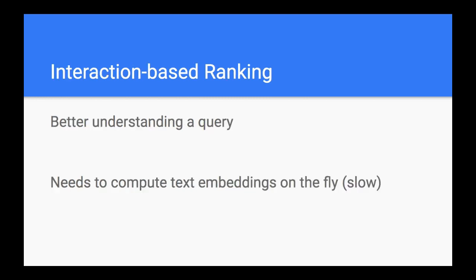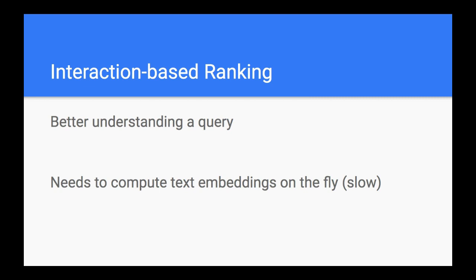As for interaction-based ranking, when you calculate the representation of the document, you also need to know what the query is. One approach is to concatenate the query and the document together and calculate their embedding in one go. So when you calculate the representation of the document, the model also knows what the query is. Depending on the query, the model may pay different attention to different parts of the document.